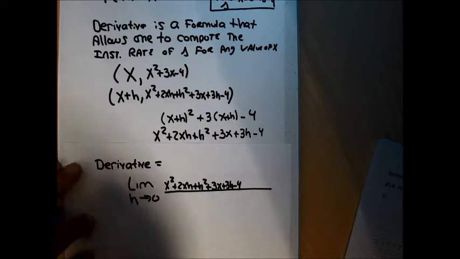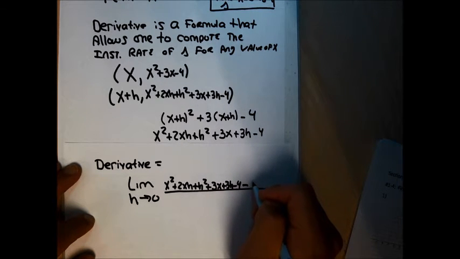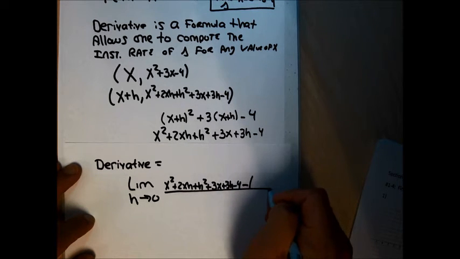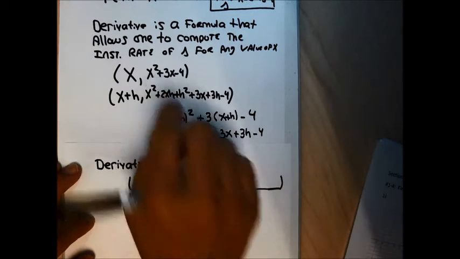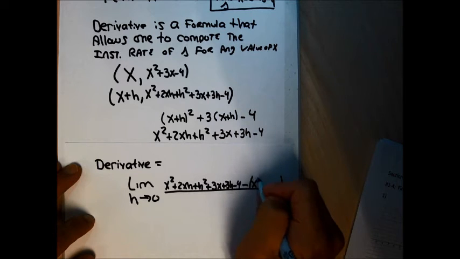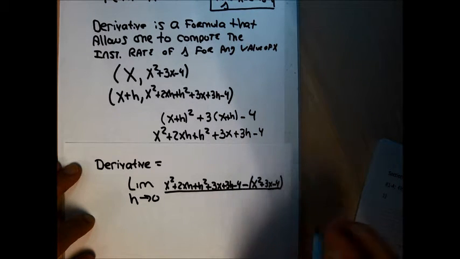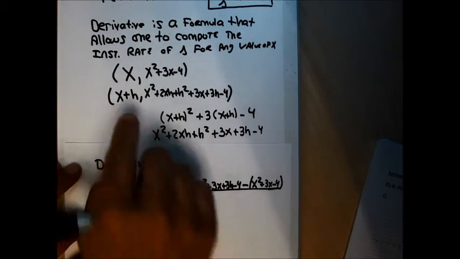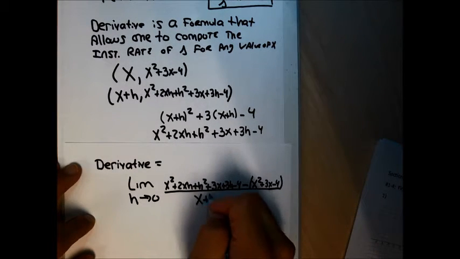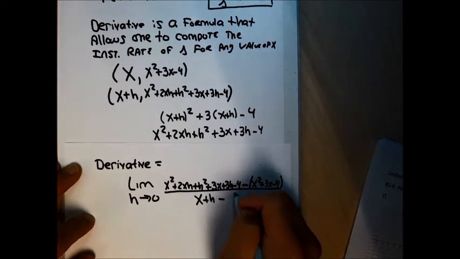That's y2 minus y1. And now because y1 isn't just a single number, I have to put it in parentheses. y1 is x squared plus 3x plus 4. Minus 4, should I say. And then all over x2, which is x plus h, minus x1, which is x.